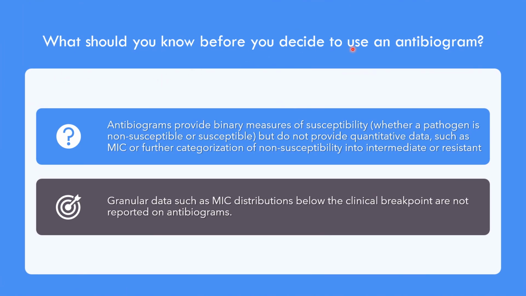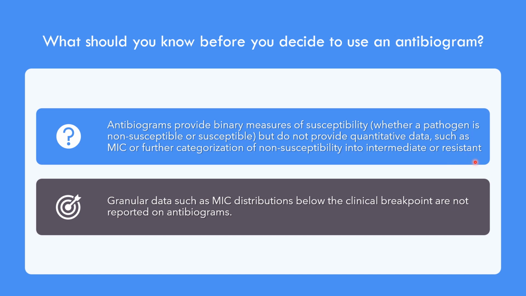What else should you know before you decide to use an antibiogram? Antibiograms provide binary measures of susceptibility, whether an organism is susceptible or not susceptible, but do not provide quantitative data such as MIC, minimum inhibitory concentration. You are not going to expect from an antibiogram that it will give you the MIC, or further categorize the non-susceptible into intermediately sensitive or resistant.